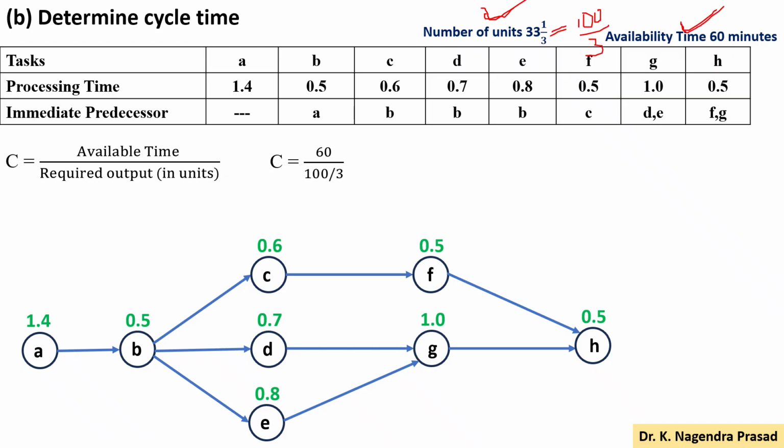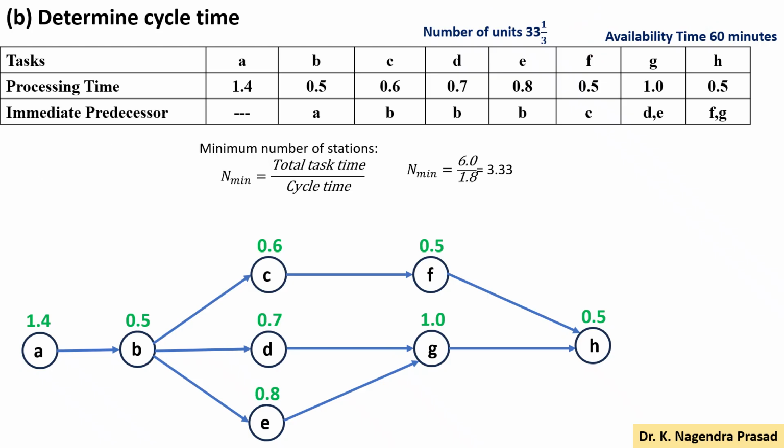Then cycle time is 60 divided by 100/3, which equals 180 divided by 100, which is 1.8 minutes. So the cycle time is 1.8 minutes.